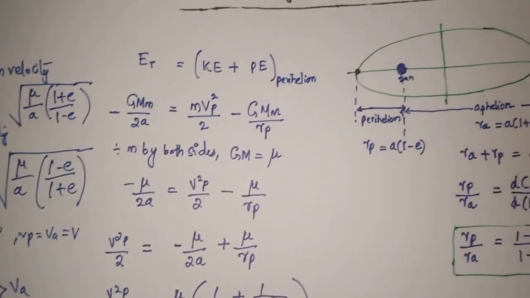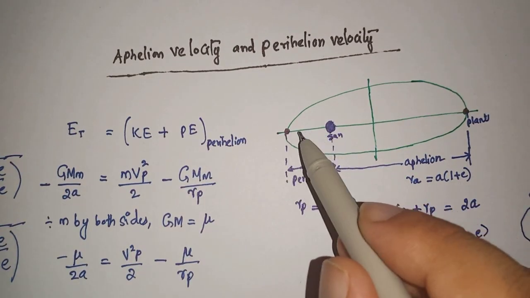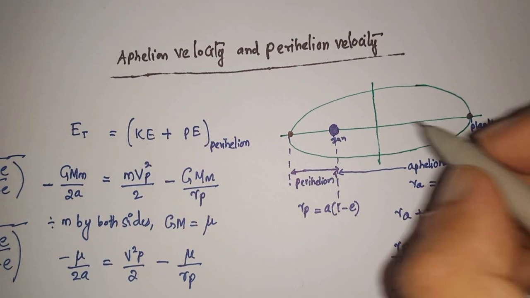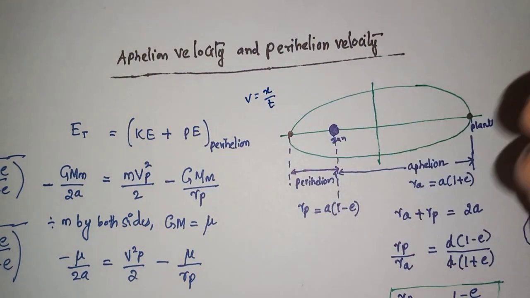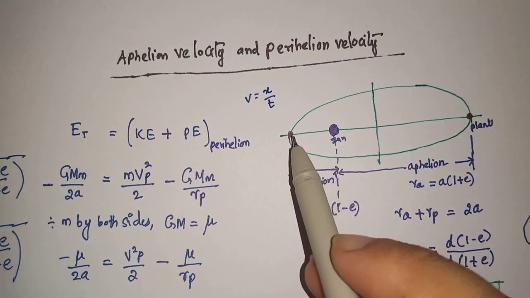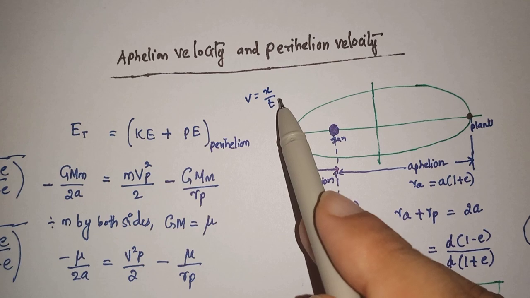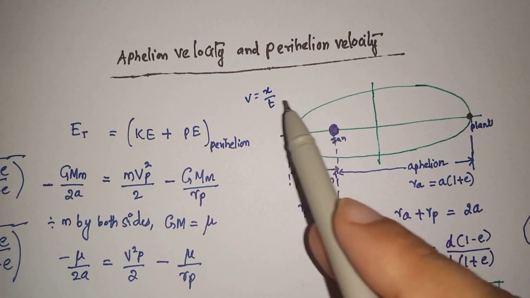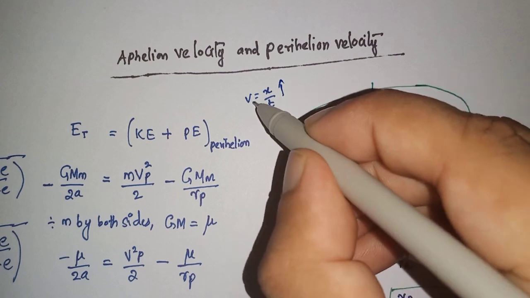Why? It is simply because at perihelion the time taken will be very small. You know that velocity is the distance traveled over some time. Here you can see the distance is small, and the magnitude of the time is also very small. So that means your x by t is increased at the perihelion.